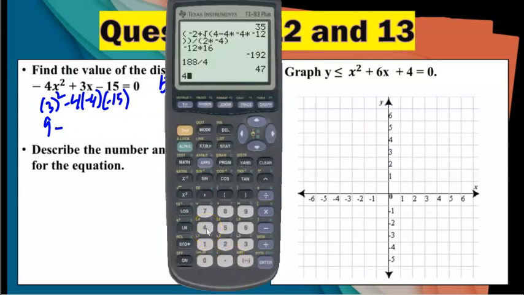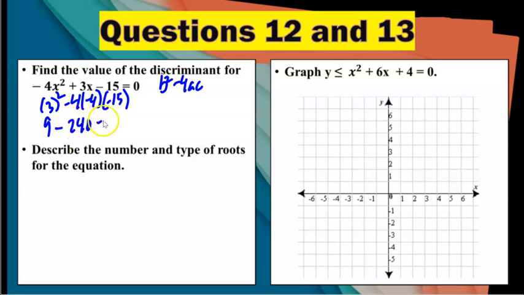We have 4 times negative 4 times negative 15. That gives us 240. So we have 9 minus 240, which will give us a negative 231.